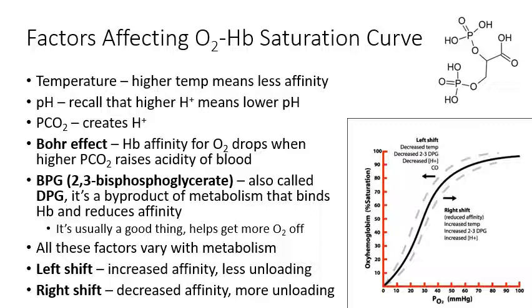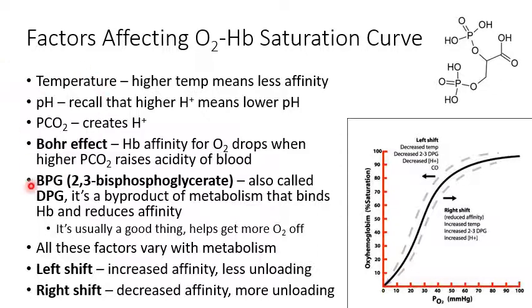Actually, all of these factors vary with your metabolism. So if your metabolism goes up, you're going to make more BPG, you're going to make more carbon dioxide. When you make more carbon dioxide, you make a lower pH, and also you have chemical reactions in metabolism. All those reactions give off heat as a byproduct, so temperature will also go up if you have more metabolism.